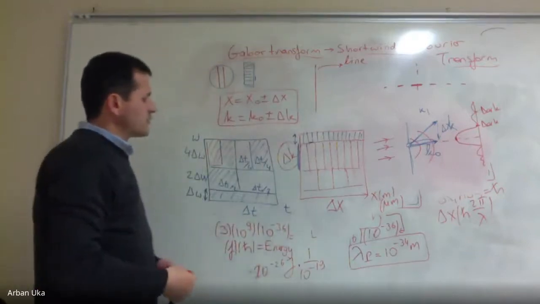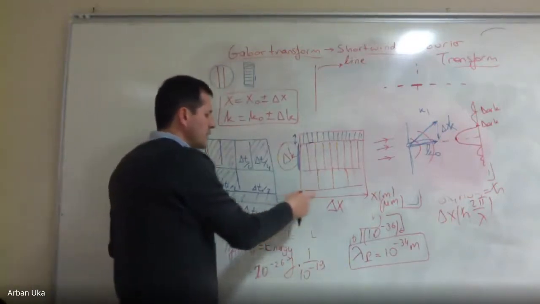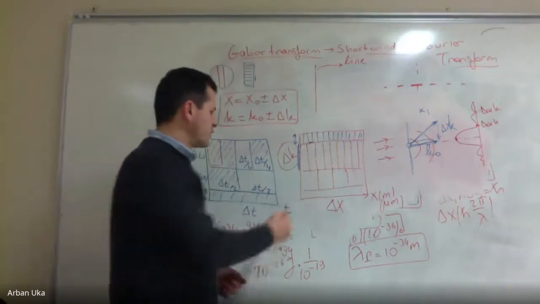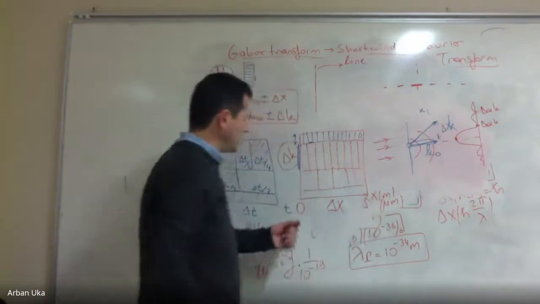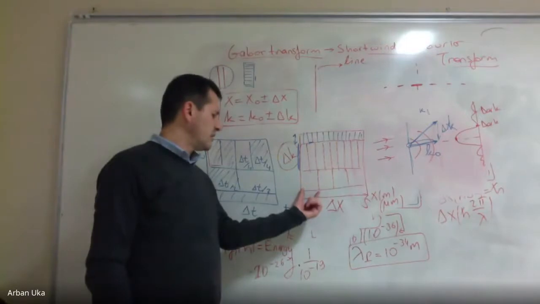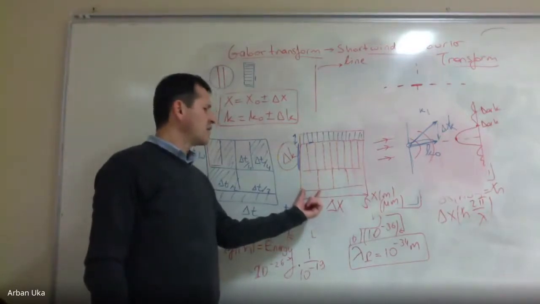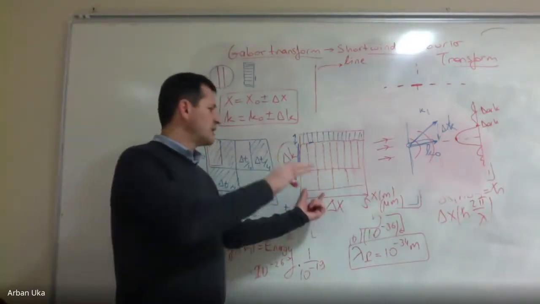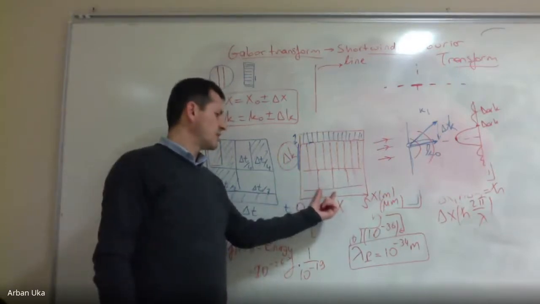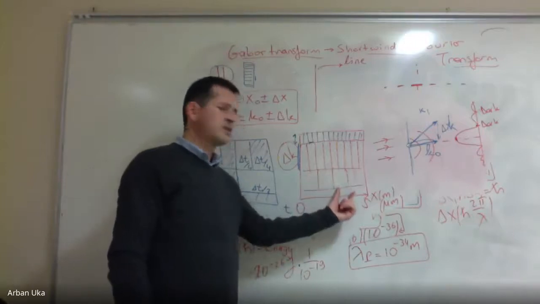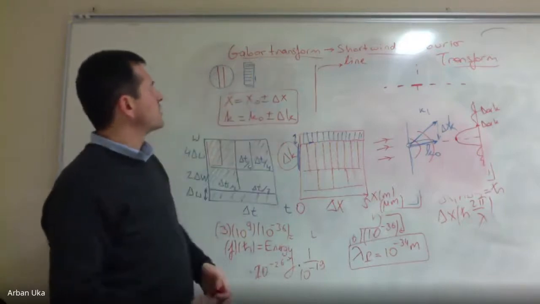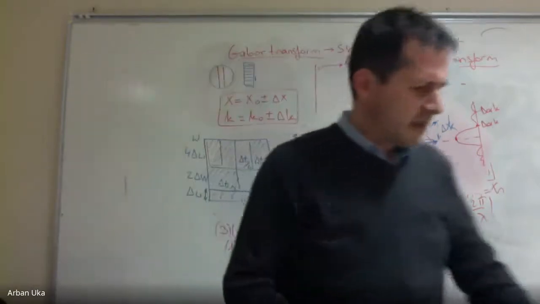It takes the Fourier transform while also remembering where we got each frequency component. So if x is going from 0 to 5, I'm going to take the Fourier components and write down all the frequencies that are in the first quarter. Then I move to the second quarter, I record the frequency components and write them down. I go to the third quarter, I do the same, fourth quarter, I do the same, and this is defined as the short window Fourier transform or Gabor transform.